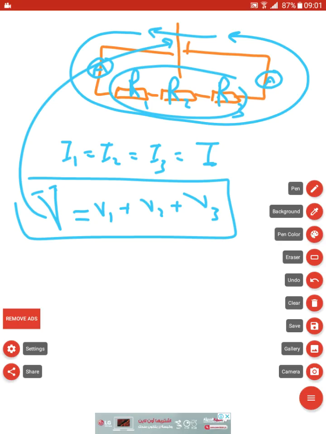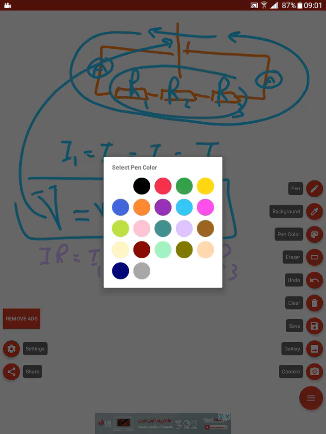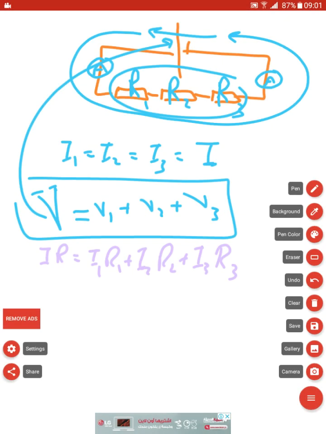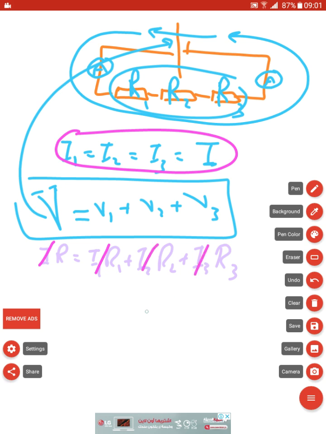Using Ohm's law, V equals IR, so IR equals I1R1 plus I2R2 plus I3R3. We know the current is the same, so we can cancel I from the equation.